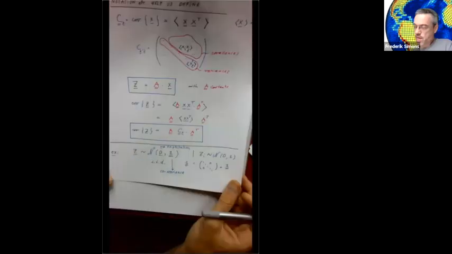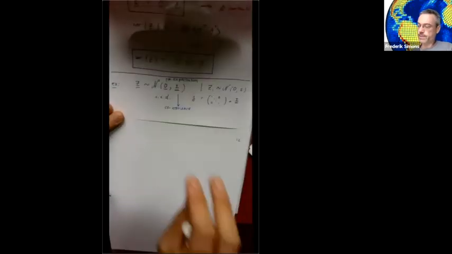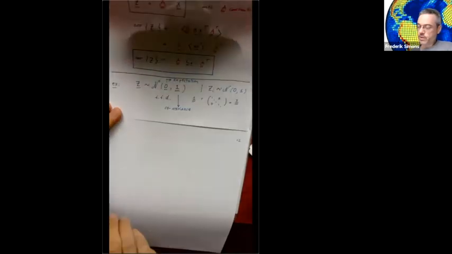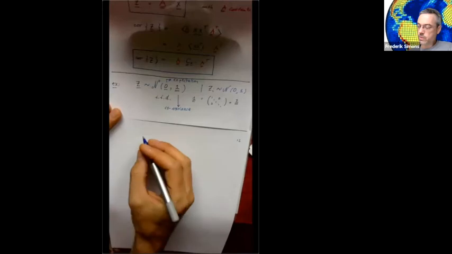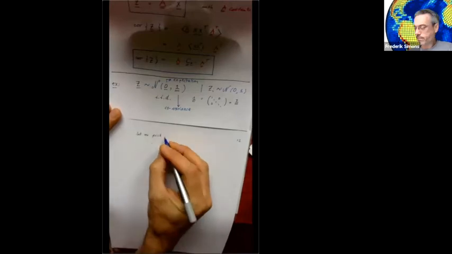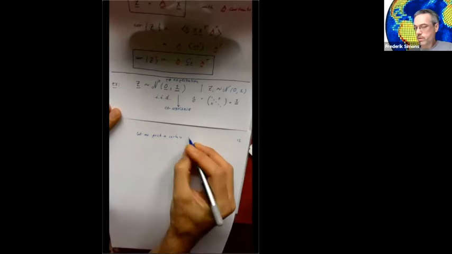And I'm going to continue on the next page because it's important. So here's my example. Now let me pick a certain covariance matrix that I like.